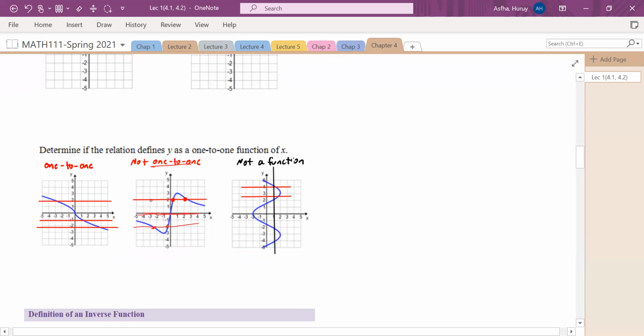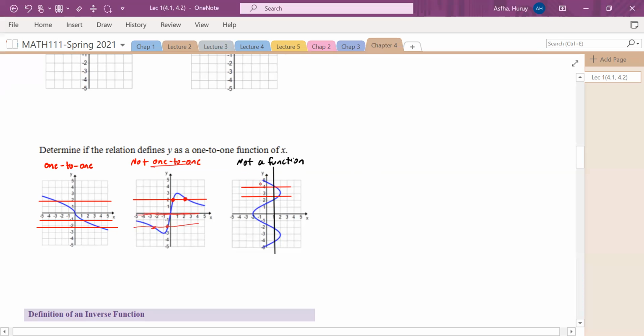Just one line is good enough to fail this function from being one-to-one. And again, we have this one. If you draw a line here, based on this, it's not a one-to-one, right?